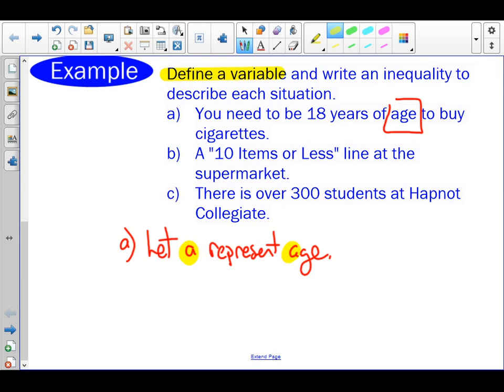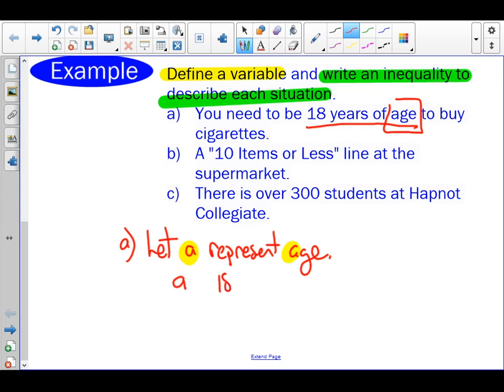The other part of the question is write an inequality to describe each situation. So, what would the inequality be to describe the situation? A is what? Well, it says you need to be 18 years of age to buy cigarettes. Okay, so we're going to put an 18 down here.